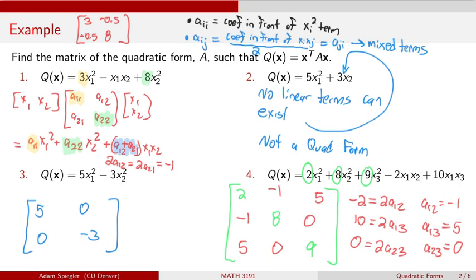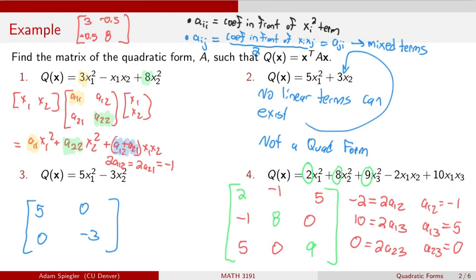Okay, and so let's just summarize a couple of the main points before we wrap this up. The diagonal entries in all of these examples we found by looking at the coefficients in front of the xi squared terms. So from those terms, we get the diagonal entries. And the off-diagonal entries come from the mixed terms in the formula.